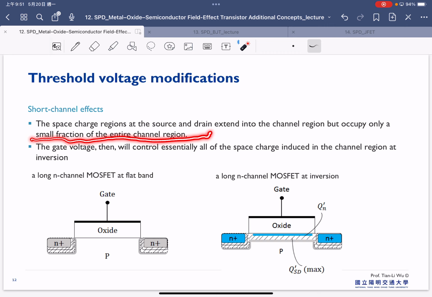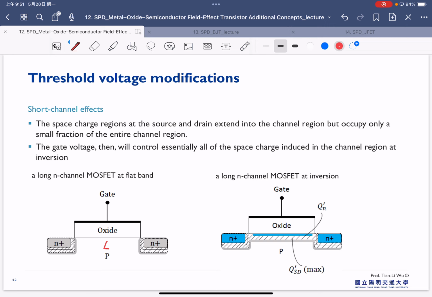And this is the case with the long channel. You can see in the bottom left graph here, this is our channel length. And as you know, once we consider the source and drain, we definitely have to take into account the PN junction on the source side and the drain side.